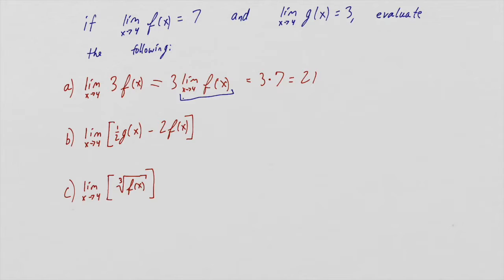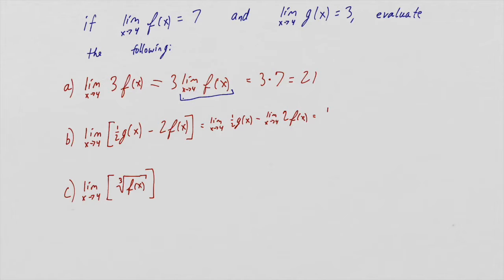The second one here, the limit as x approaches 4 of 1/2 g of x minus 2 f of x. First we've got subtraction here, so we can separate this into two limits. The limit as x approaches 4 of 1/2 of g of x minus the limit as x approaches 4 of 2 times f of x. And then we can do the same thing we did in example A with these numbers in front of the functions.